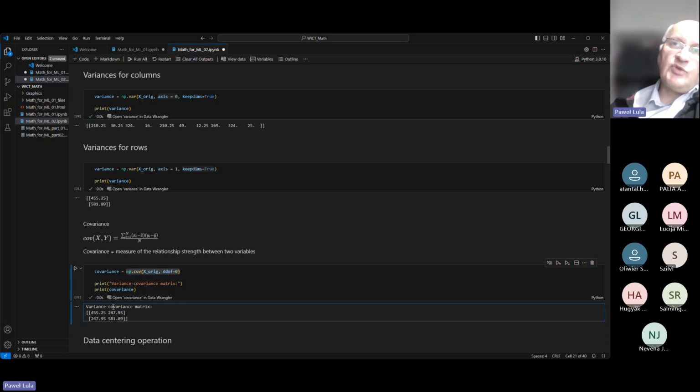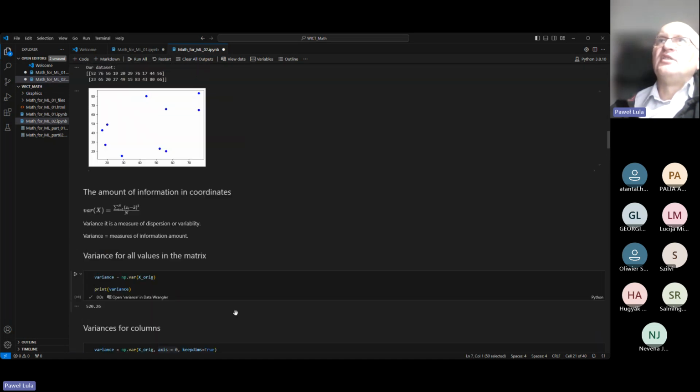In the case in which we have a negative value here, then we have changes in opposite directions. If the value of the first variable is bigger, then the value of the second variable is smaller. But here, in this case, covariances are positive. So we see that these values are correlated.